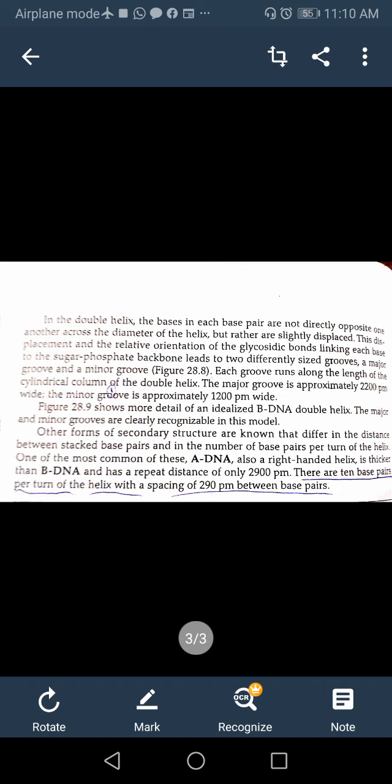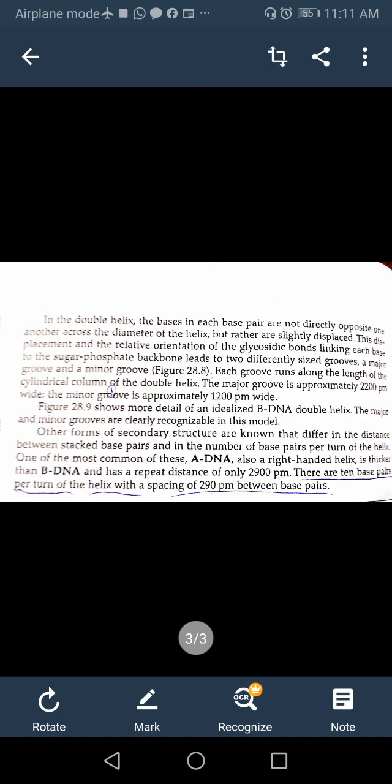Now the double helix structure of the beta DNA is most common. Now in the double helix, the bases in each pair are not directly opposite one another across the diameter of the helix.